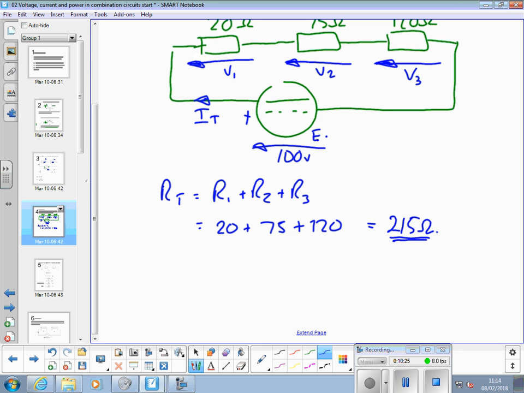Then the current is E over RT. Numbers in, calculate.